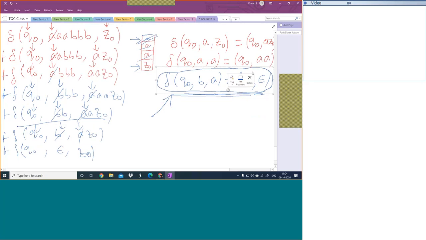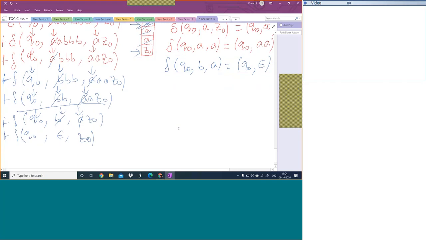Okay, so according to this, what is the final move? Whenever the string is scanned completely, if the stack contains Z0, that indicates A's and B's are equal. Now we delete the stack also.